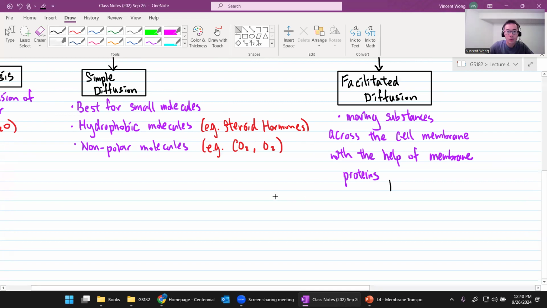And there are two kinds of facilitated diffusion. The first kind is called carrier proteins.